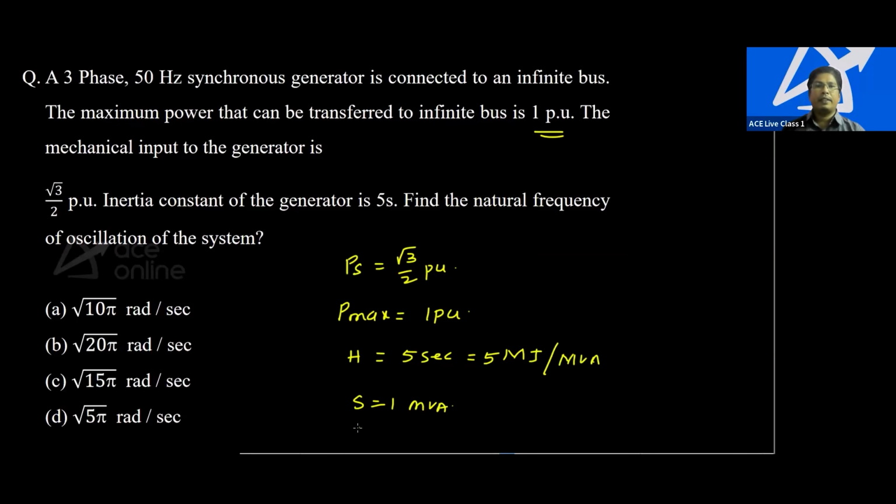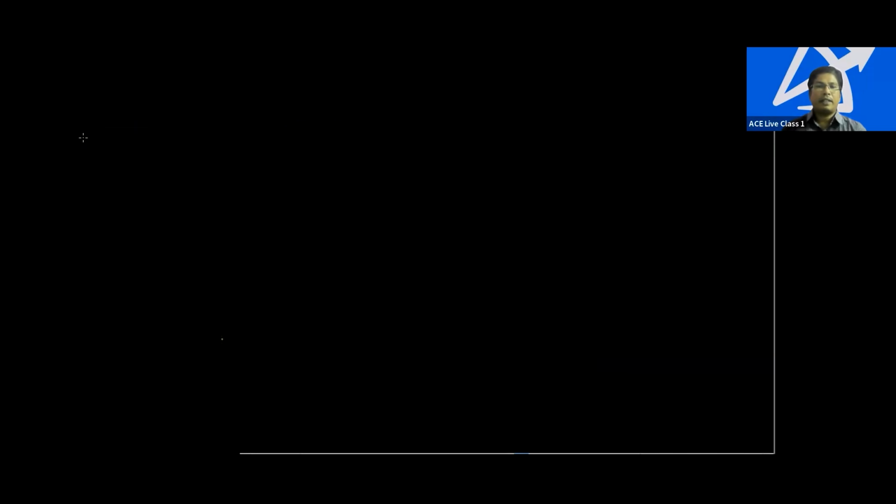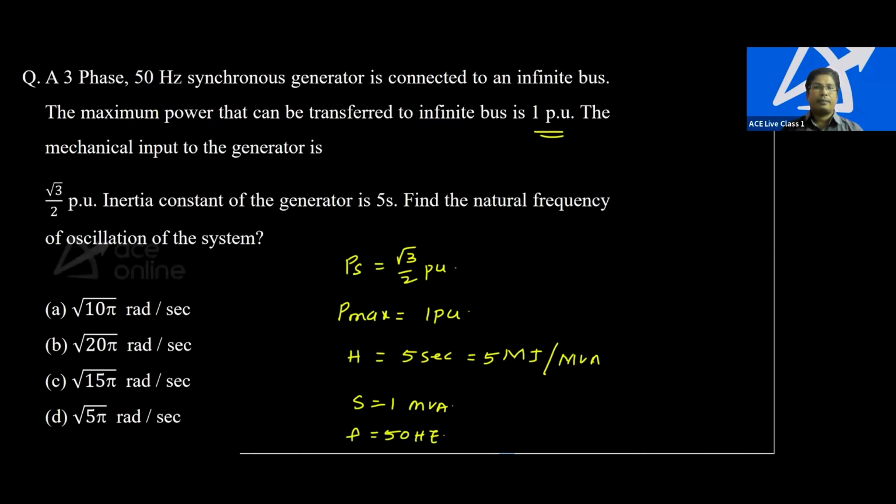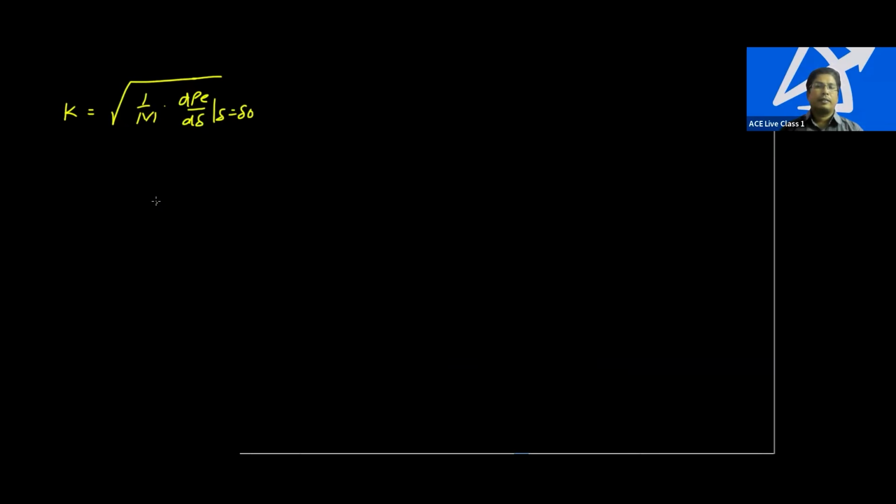The frequency of the system is given as 50 Hz. What is the natural frequency of oscillations? It is the square root of 1 by M into dPe by d delta at delta equal to delta naught, where M is nothing but S into H divided by pi into f.